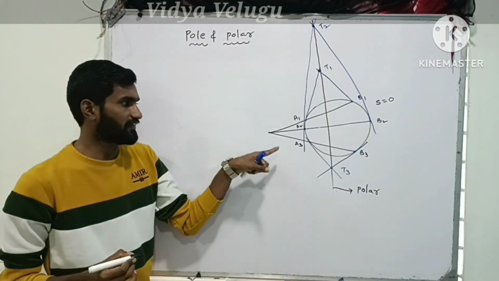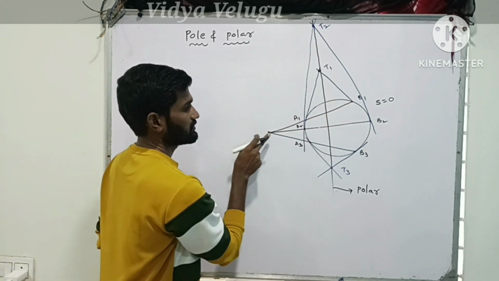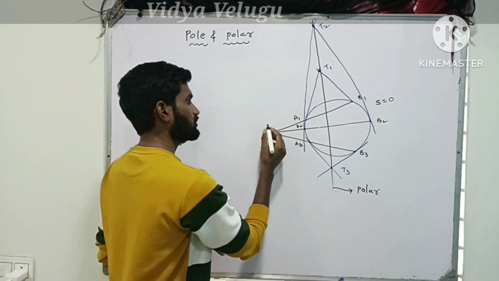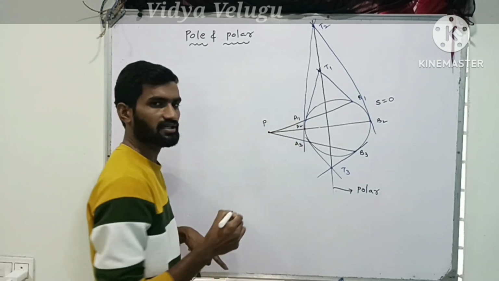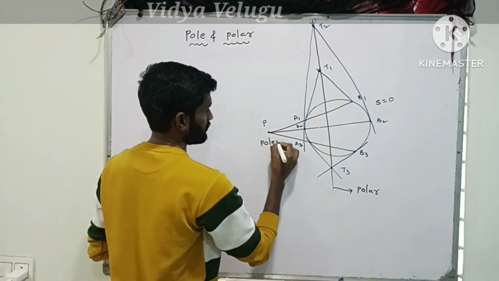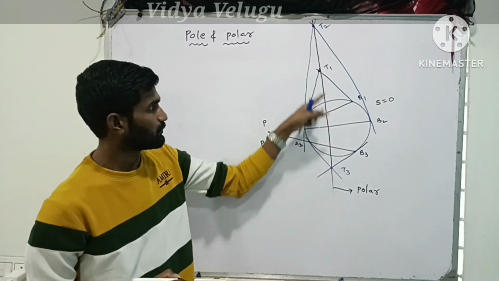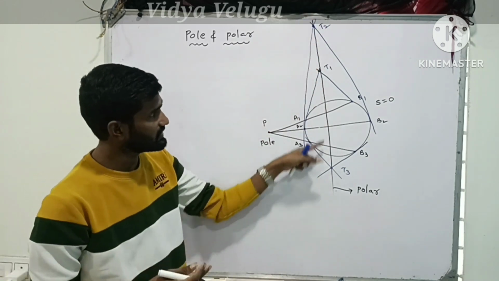And here I have taken a fixed point. From this point only we have drawn the secants. So this fixed point, let us consider P. This fixed point itself we call as pole. So this fixed point we call as pole with respect to this polar. How we got this polar?